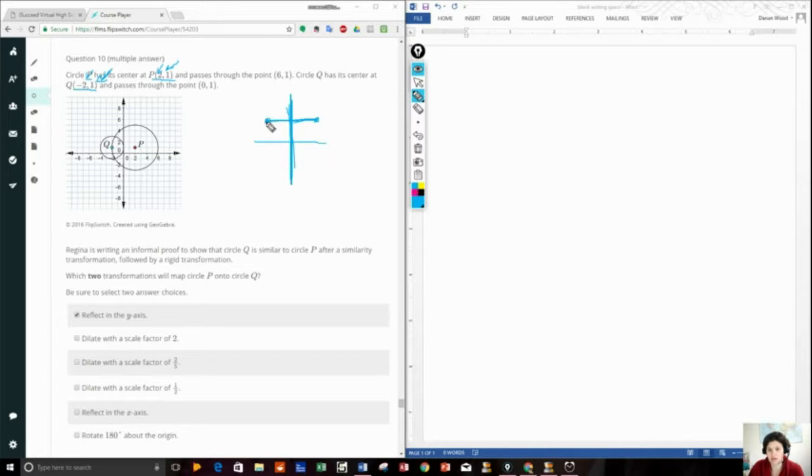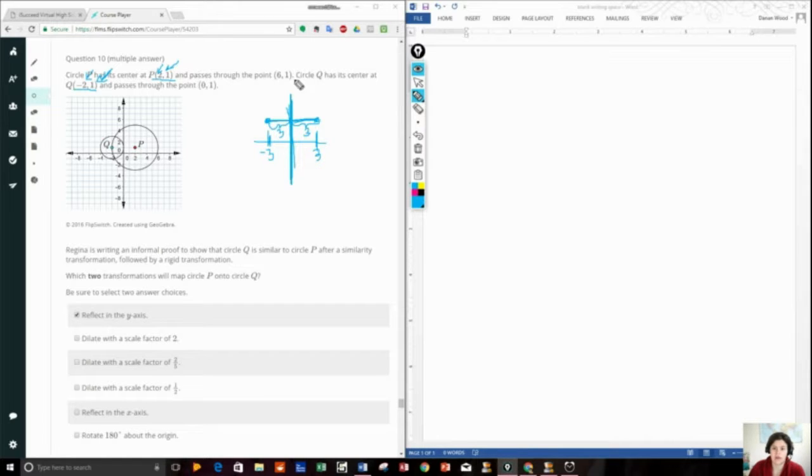Except instead of being, say, a +3 on the x-axis, this distance will still be a 3, but now it will be a -3 because it's on the left side. So this would be a -3 x coordinate and this would be a +3 coordinate.